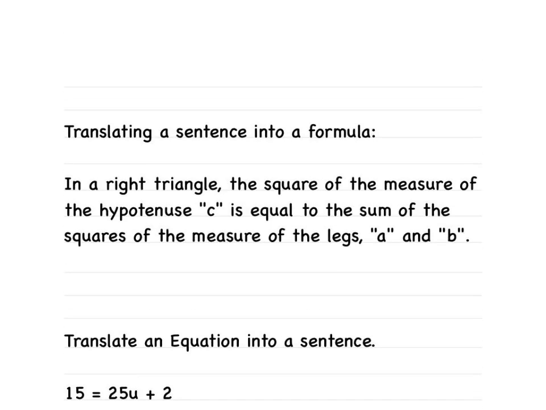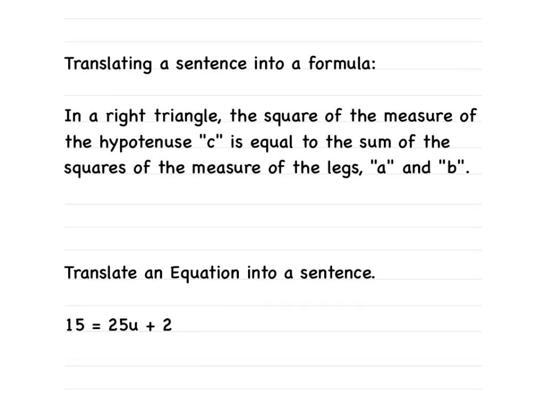All right, now let's look at translating a sentence into a formula. In a right triangle, the square of the measure of the hypotenuse C is equal to the sum of the squares of the measure of the legs A and B. I don't know if you remember, but this is actually a formula that we learned last year called the Pythagorean theorem.